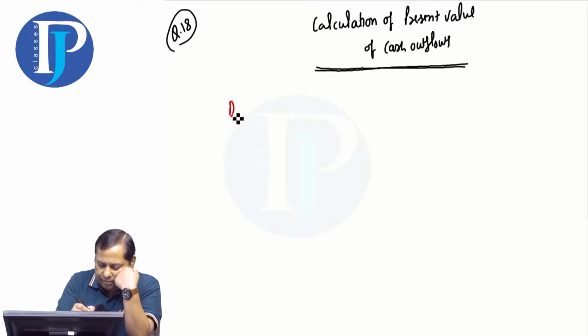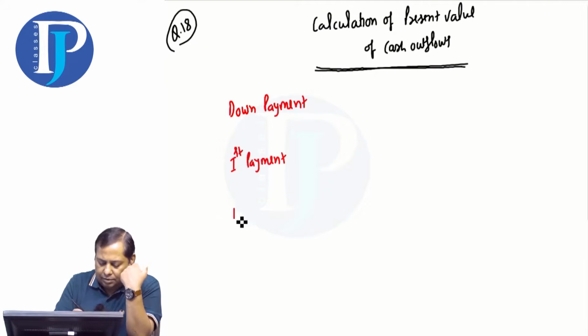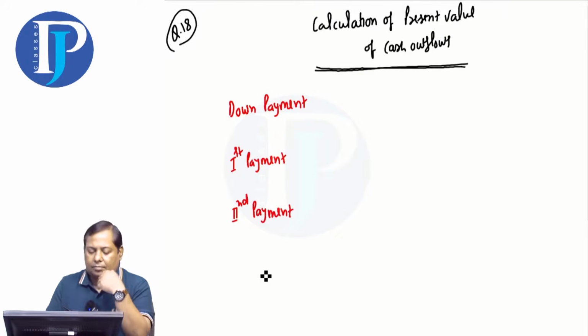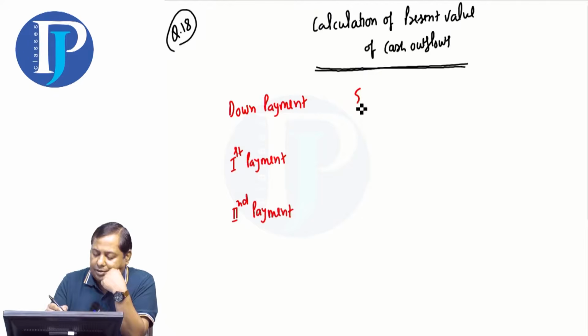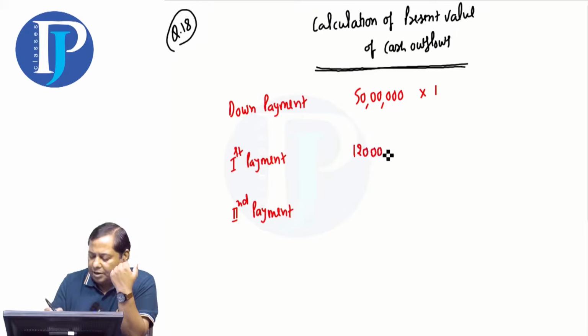First, the down payment. First payment. Second payment. What is the down payment? 50 lakh rupees. So the PV factor will be 1. The second payment is 1 crore 20 lakh rupees.